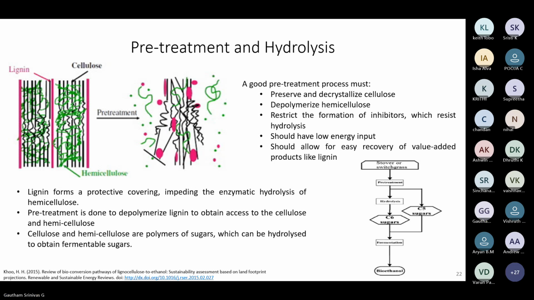Okay, it has to have low energy input, of course, and then it should also allow for easy recovery of lignin. Because lignin is a value-added product that can be used in a power plant to produce electricity, that can be a byproduct, or it can be used within the process itself, within the premises, let's say the lab or the plant itself, wherever required.